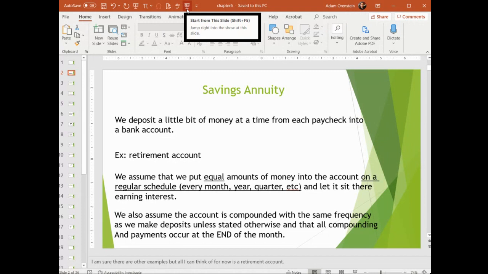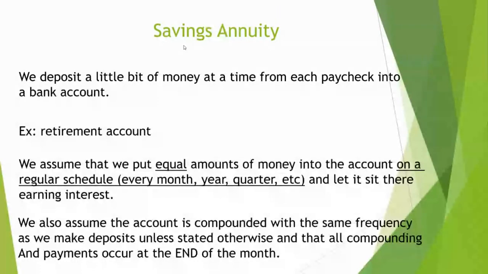So basically here, we have a savings annuity. The idea there is, if you're working at a job or whatever, each time you get paid, a little bit of money comes out of your paycheck and goes into that special kind of account.